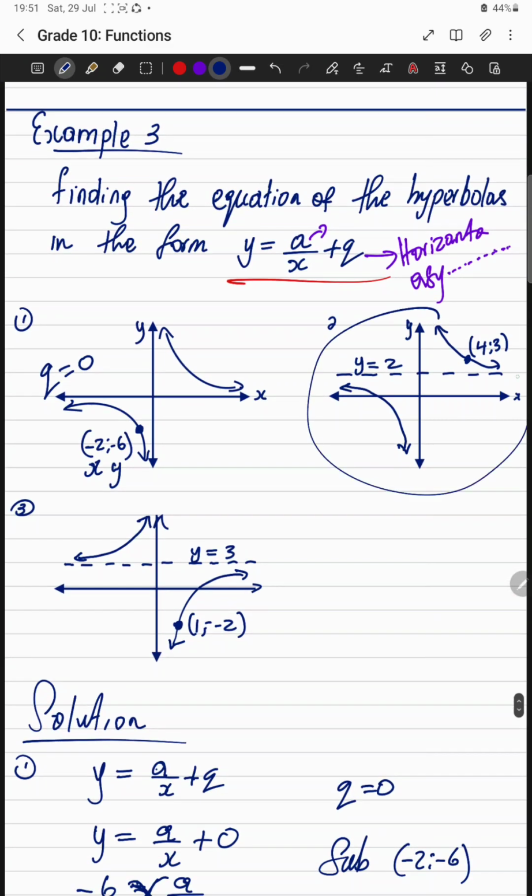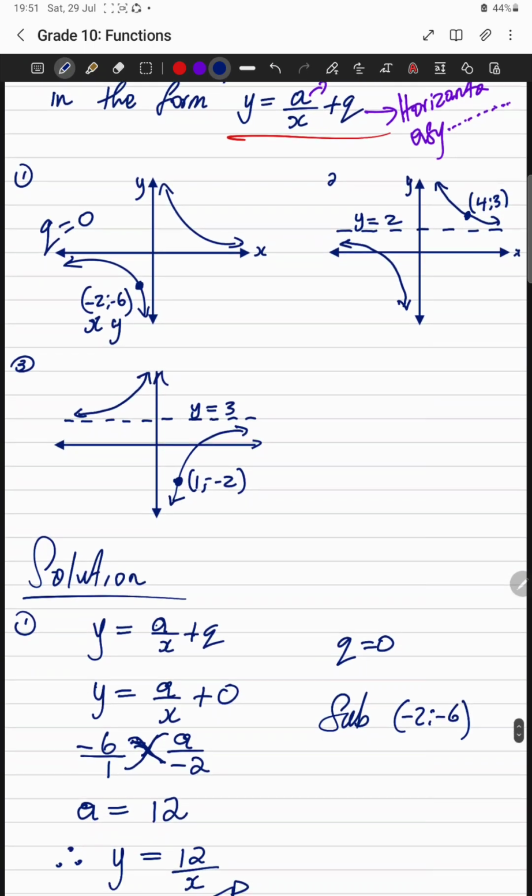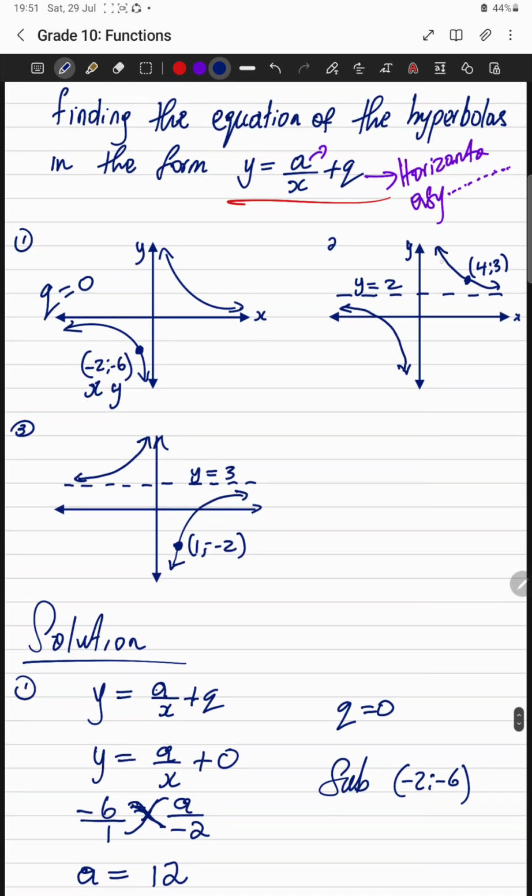Now let's look at the second one. In the second graph, we have the horizontal asymptote, which is q, and it is positive. So in the place of q here, we're going to put positive 2, and then the next step is to get the value of a by using the point on the graph.